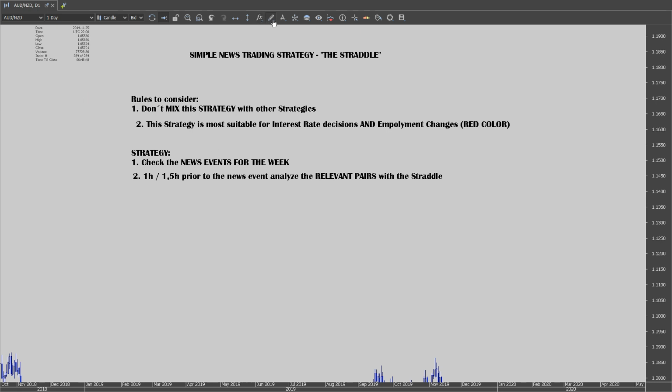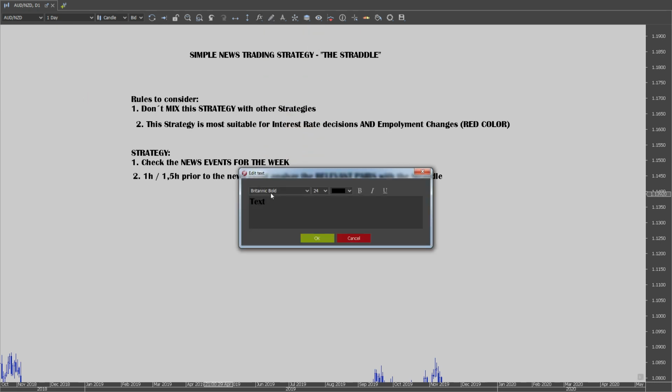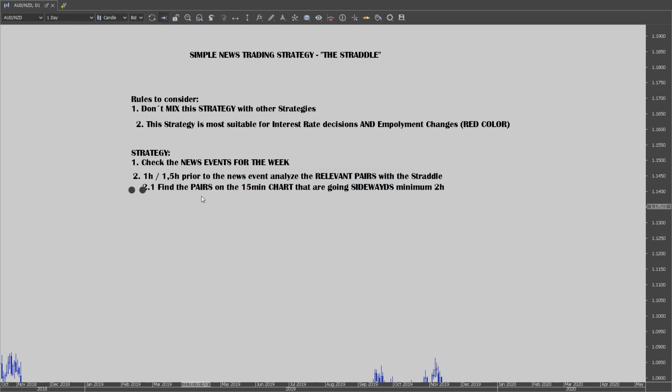So we are going to make 2.1: Find the pairs on the 15-minute chart, everybody, that are going sideways, minimum 2 hours. Okay, find the pairs. This is 2.1. Find the pairs on the 15-minute chart that are going sideways, minimum 2 hours.